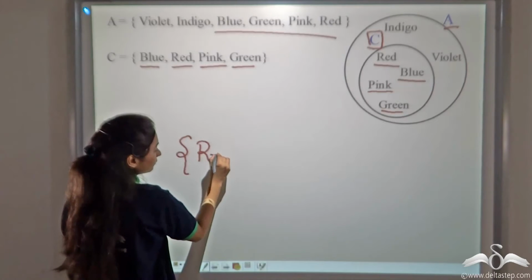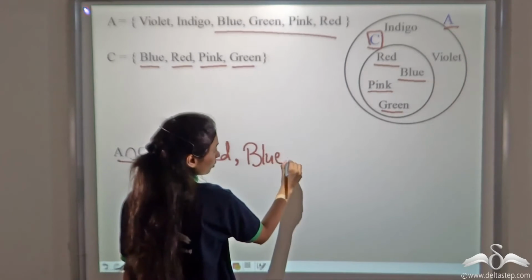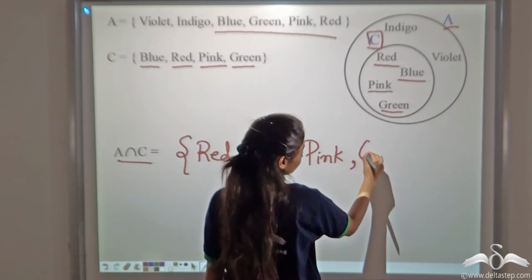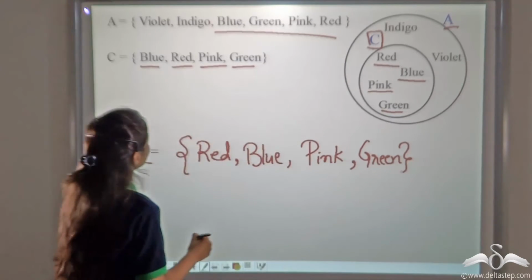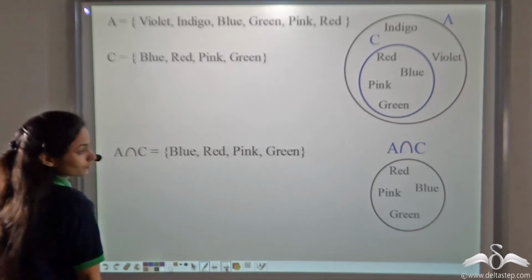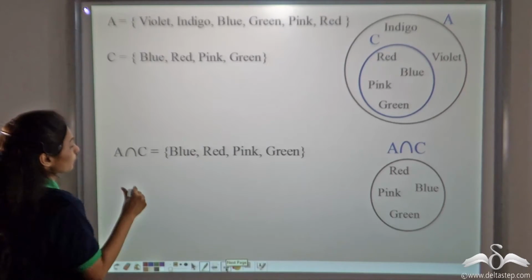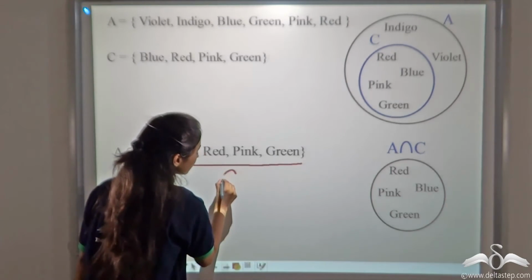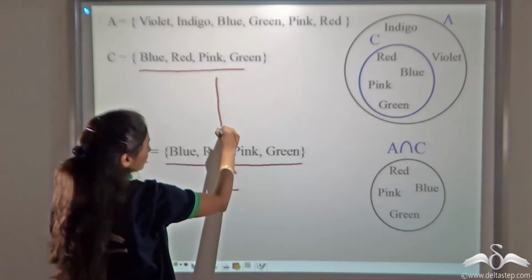So what will be A intersection C? It will be red, blue, pink and green. Like this. Now did you notice one thing? That A intersection C gave you the whole set C. See, C has the same elements here.